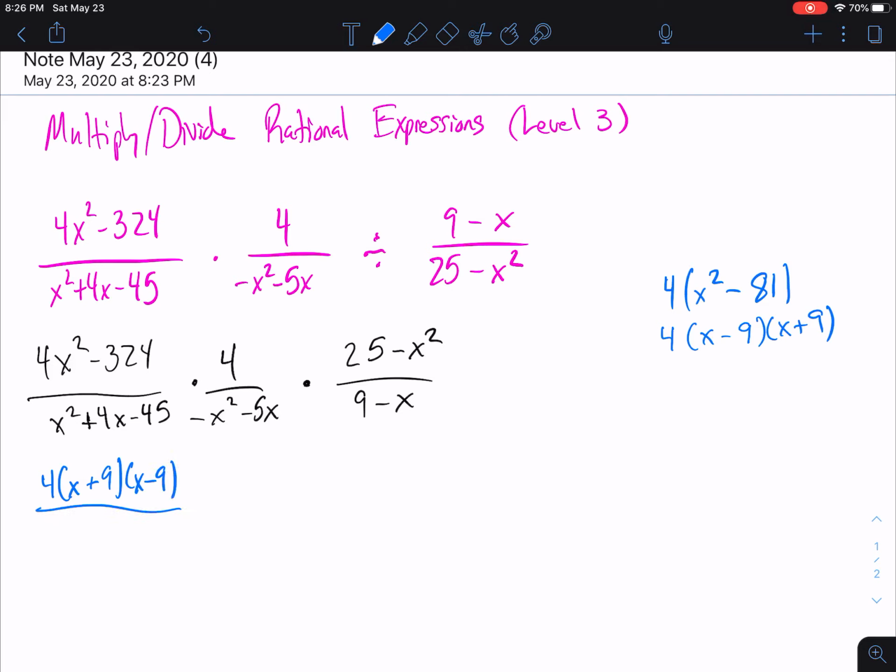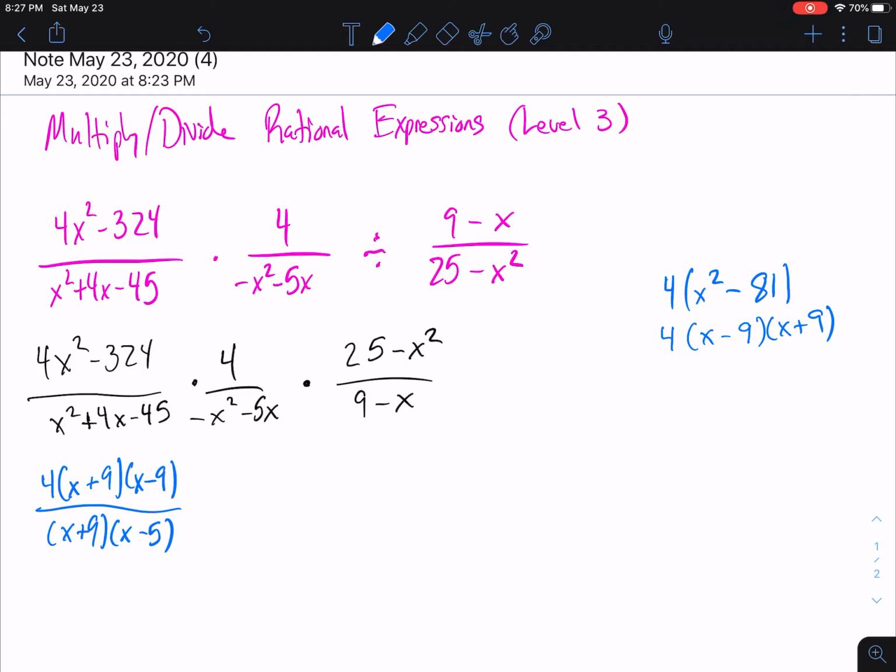Now, x squared plus 4x minus 45, that's just factoring using the AM method. Two numbers that multiply to negative 45 add to 4. That's going to be x plus 9, x minus 5. And again, I know I've said this in past videos, but I want to remind you again, if factoring is the part that's throwing you off, factoring is a skill that repetition and practice and exposing yourself to as many different situations as possible, that's where you get your help.